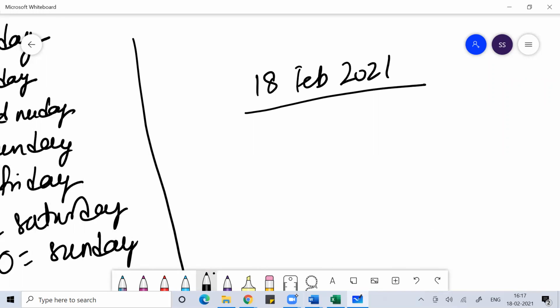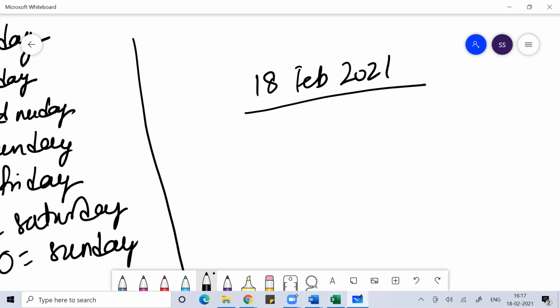The reason is very simple: 400 years means zero odd days, so 800 years will have zero odd days, 1200 years, 1600 years, 2000 years, 2400 years will all have zero odd days. So before 18 Feb 2021, you have to think of a year which is a multiple of 400.